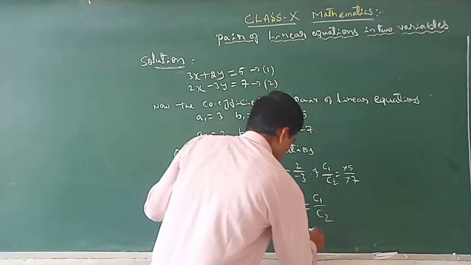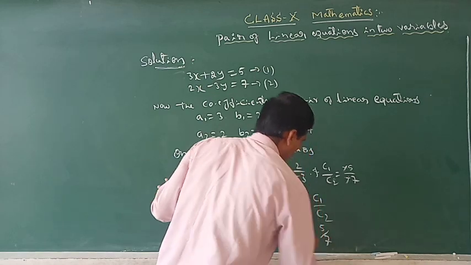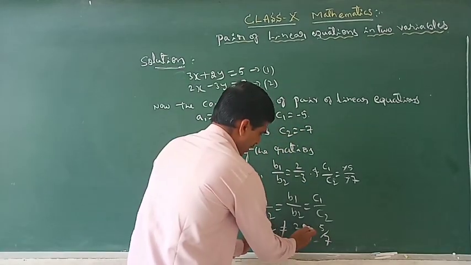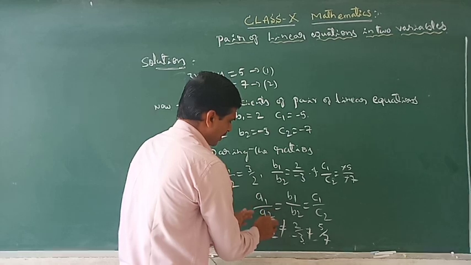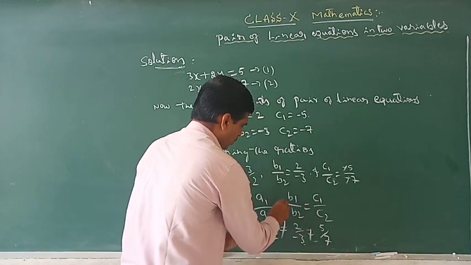And is it equal to 5 by 7? No. So first consider a1 by a2 and b1 by b2: they are not equal to each other.